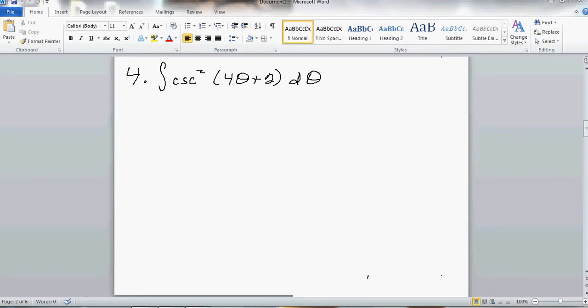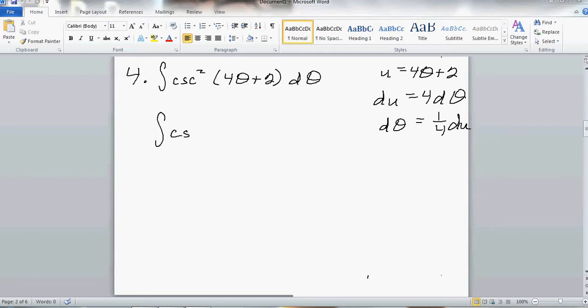Okay, this is the complex part. Take the innermost part. So I'm going to let u equal 4 theta plus 2. The derivative of u would be 4 with respect to theta. So d theta would equal 1/4 du.